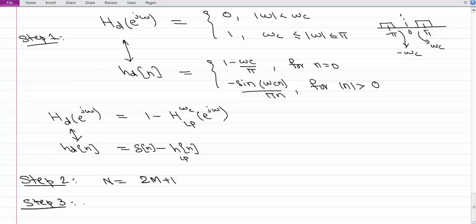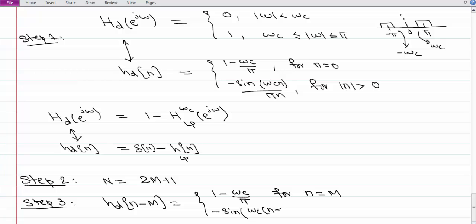Step 3, you simply shift your filter by an amount M, so n equal to 0 goes to n equal to M. So what you get is 1 minus omega c over pi for n equal to M instead of n equal to 0, and then you get minus sine of omega c (n minus M) over pi (n minus M) for n not equal to M.